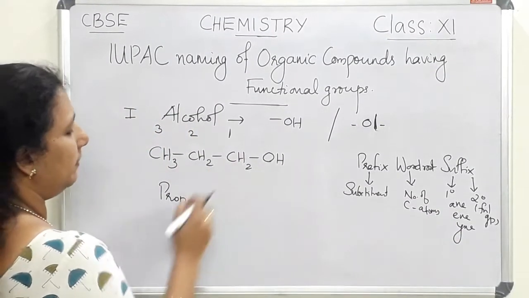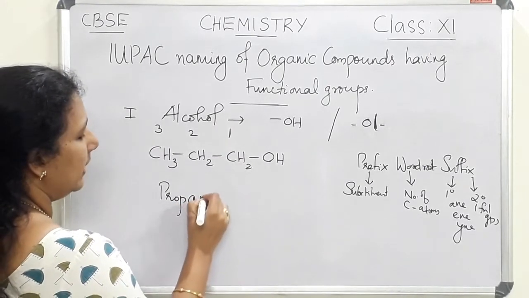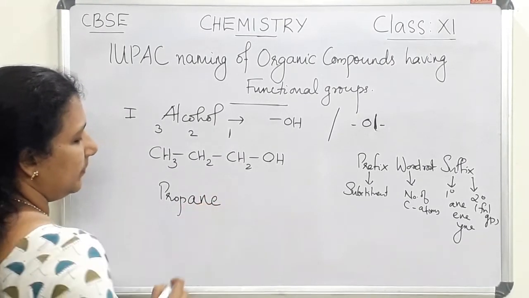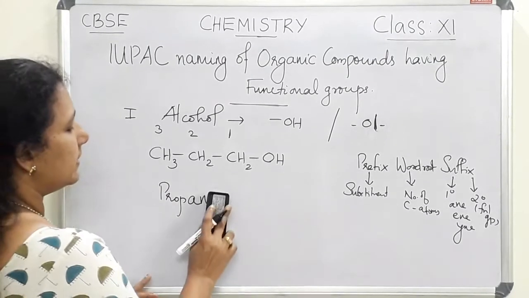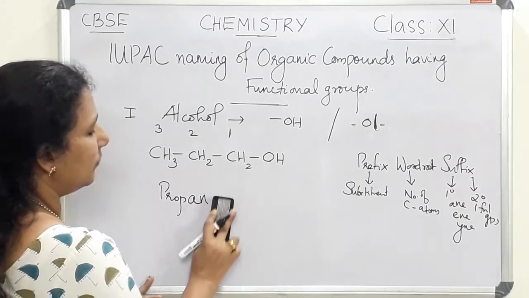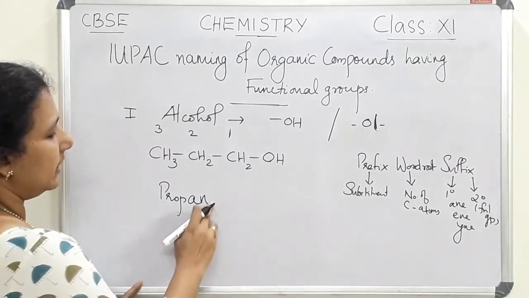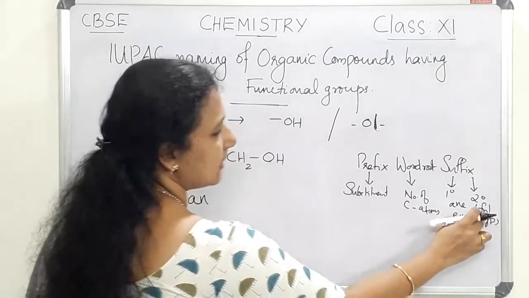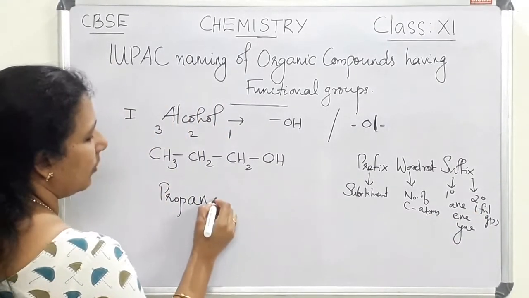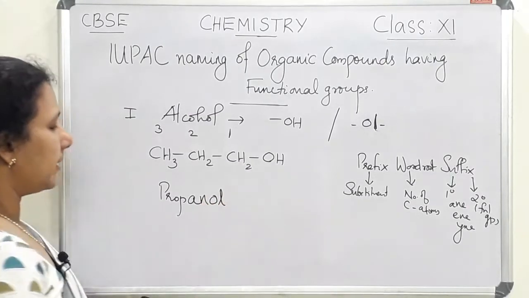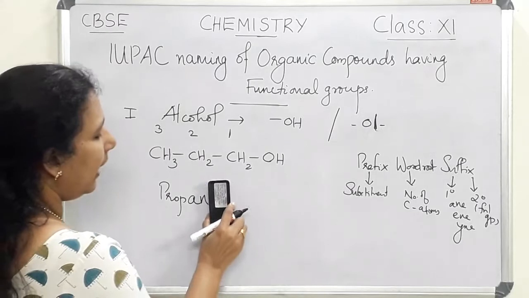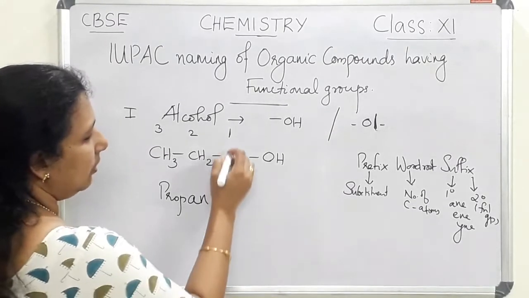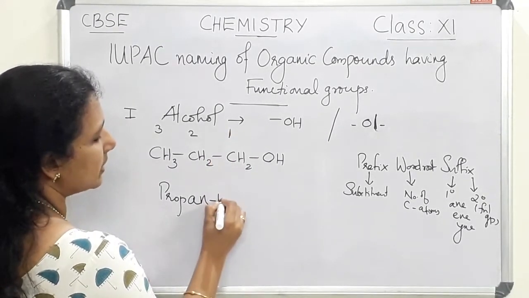Here there is a single bond between carbon atoms, so it is ANE. We can't write propane here since it has a functional group. So we have to replace that E with the secondary suffix, that is OL. Here we also have to add the position of the functional group.